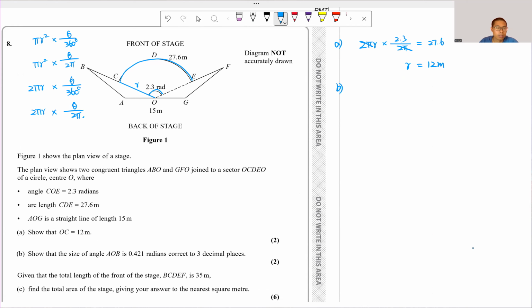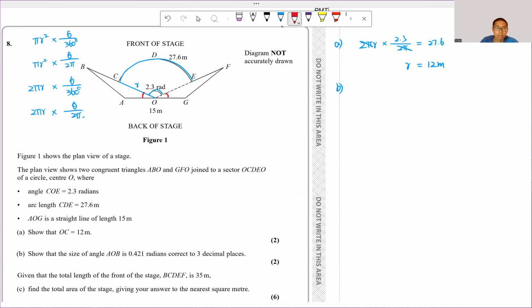And then part B. Show that the size of angle AOB, which is this angle here, is 0.421 radians, correct to 3 decimal places. Because those two triangles are congruent, that means those two angles should be exactly the same.